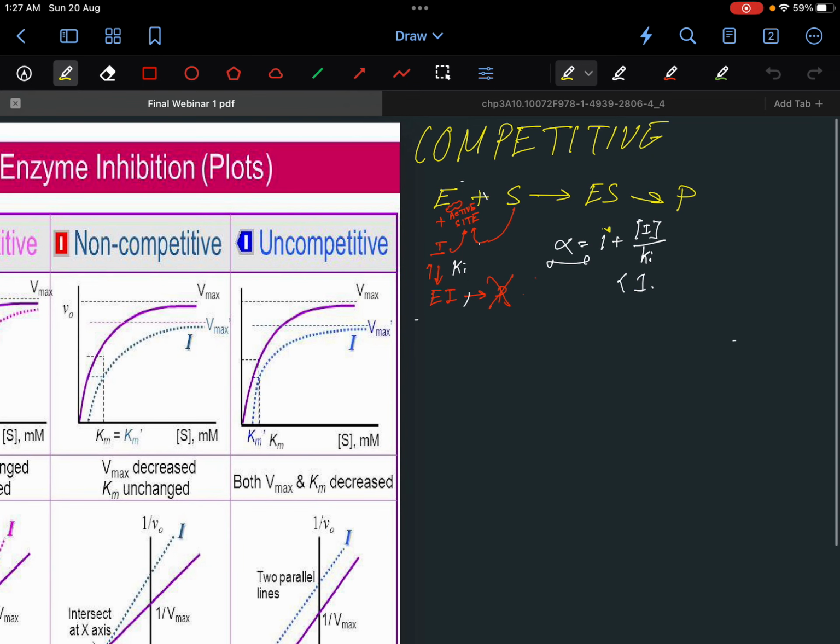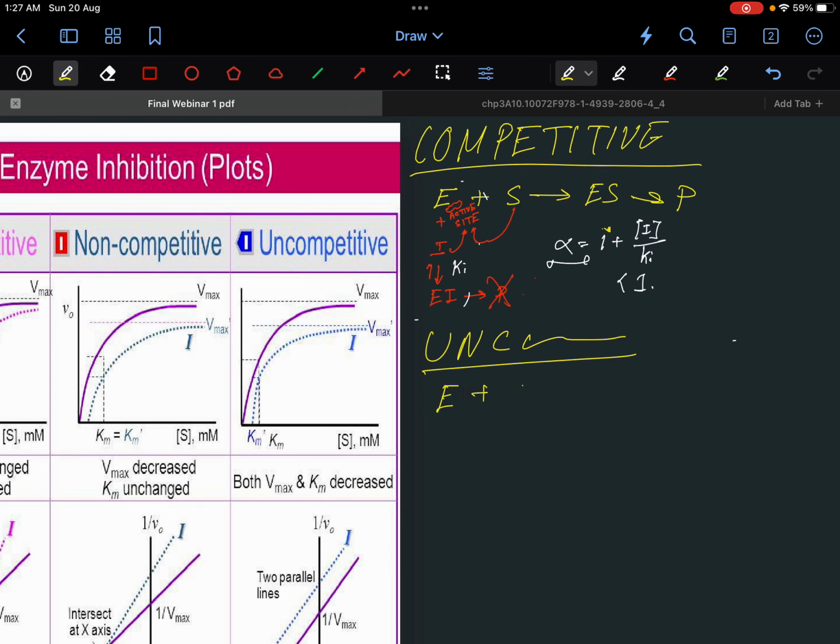Now there is another one, that is uncompetitive inhibition. What happens in uncompetitive inhibition? That is E plus S. This reaction has to happen: E plus S equals ES, then it will be product plus enzyme.